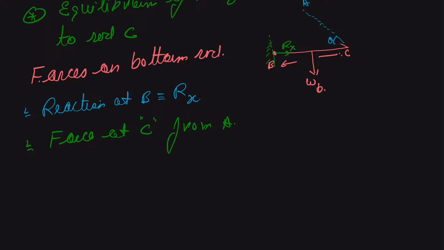We can call them F of x and F of y, because it will be acting at an angle, something like this. So we can say this is our F of x, and we are going to get this as our F of y. And the weight will be at a distance of L by 2. So this is L by 2 as well as this is L by 2.